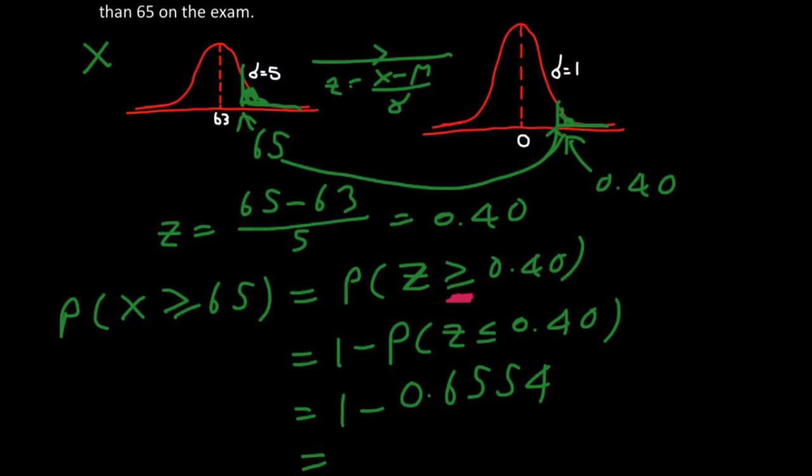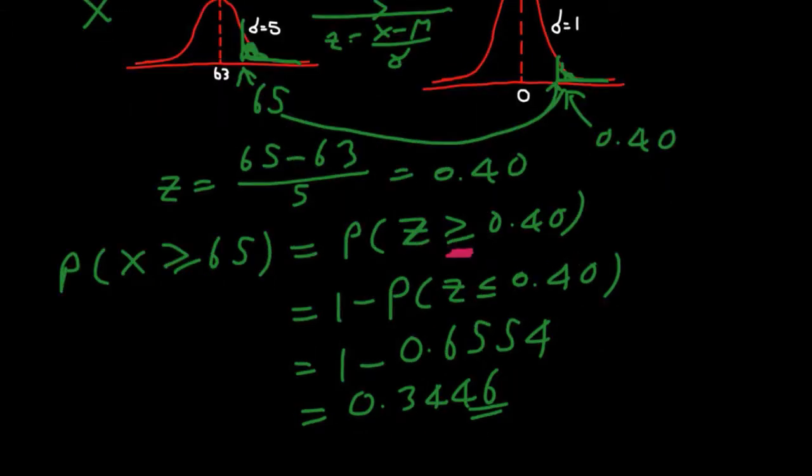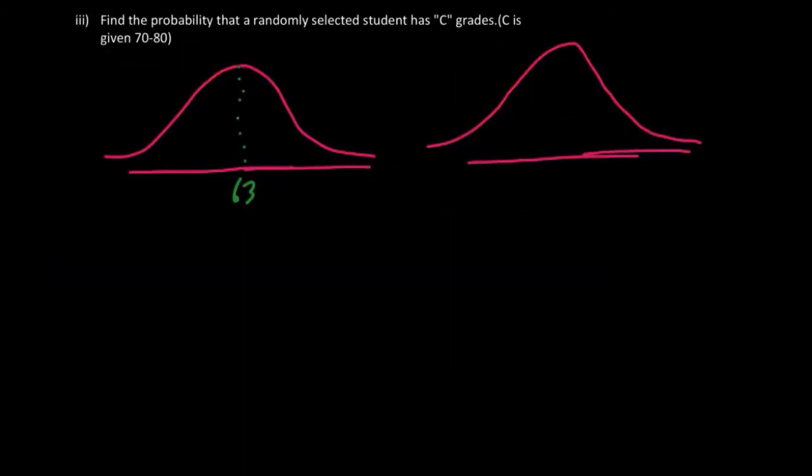Therefore, the probability should be 0.3446. It means we have only 34.46% greater than 65. Third one, find the probability that a randomly selected student has a C grade.